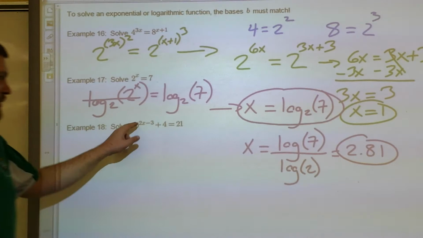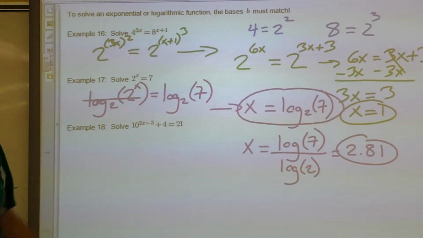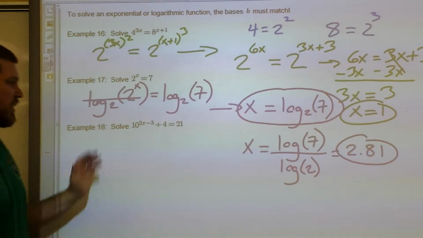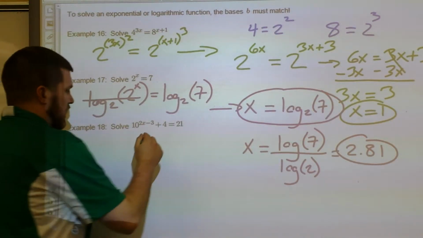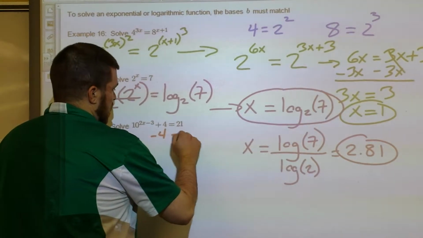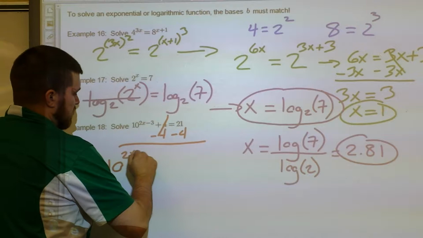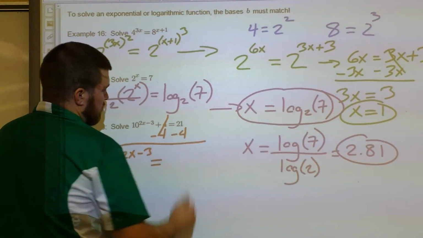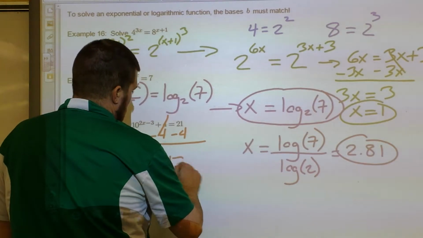Now, I still have an exponential, 10 to the 2x minus 3, but I also have a plus 4 on that same side. So my very first step is to get my exponential piece by itself. To do that, I'm just going to subtract 4 to start off. So I have 10 to the 2x minus 3 is equal to 21 minus 4, that's 17.